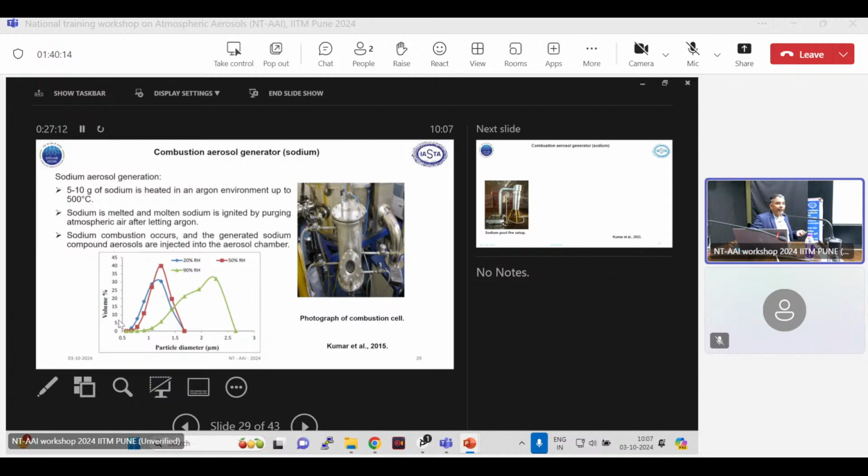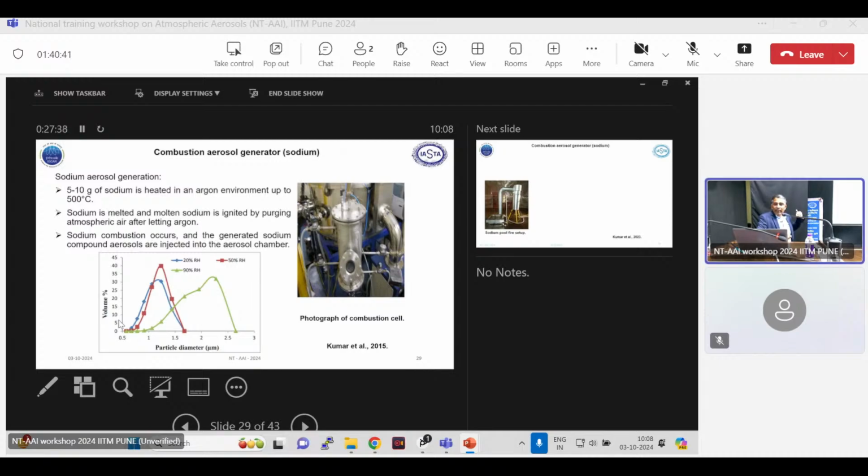This chamber is maintained in argon environment, and then we heat it by heater so that the solid sodium can melt, because the melting temperature of sodium is 98 degrees centigrade. So at 98 degrees centigrade it will start melting. Then we increase the temperature up to 500 degrees centigrade, because our objective is to generate aerosol at 500 degrees centigrade.